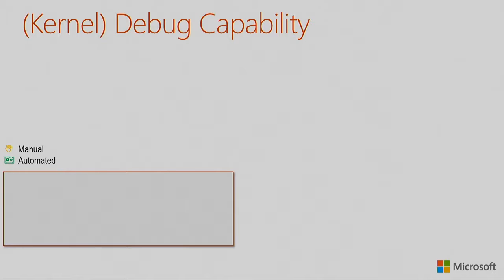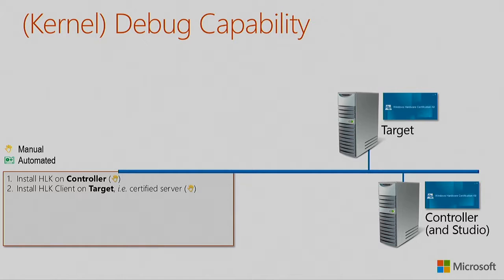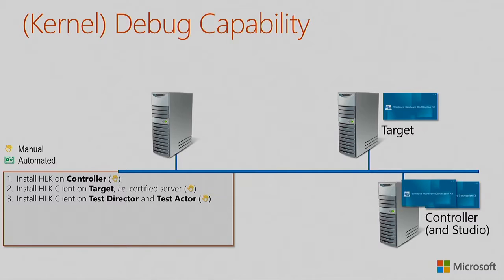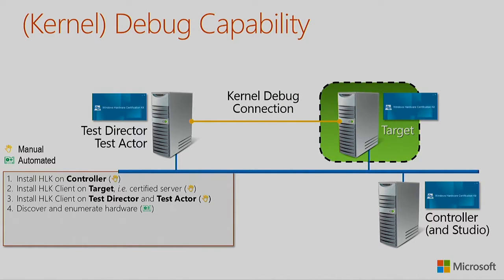Now, as part of the system certification, you will also be required to test the debuggability of the system for kernel debug. And in order to test that, again, the tester will set up similarly, with a controller as the initial component, and then the target again. But for the kernel debug, the next part that you would need to set up is a secondary system that would act as both a director and the actor, which will have a kernel debug cable, whether it's a serial port or an Ethernet cable, connected to the target.